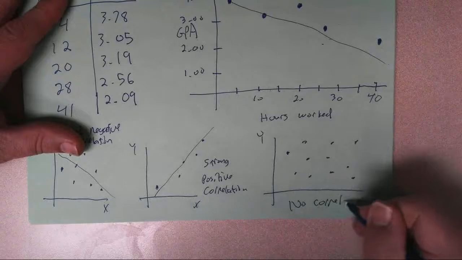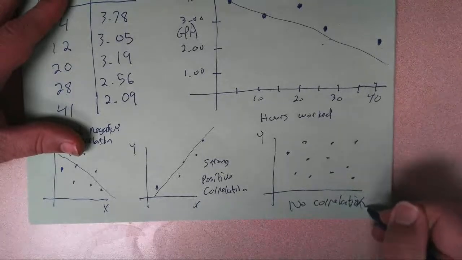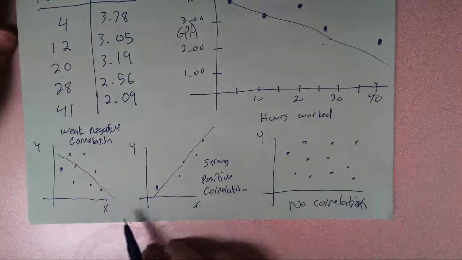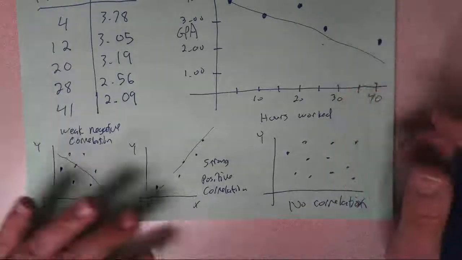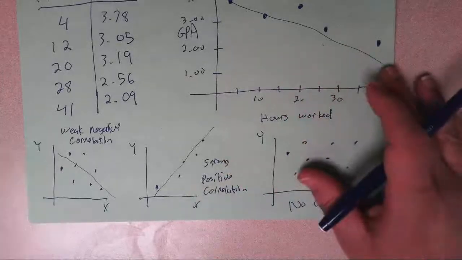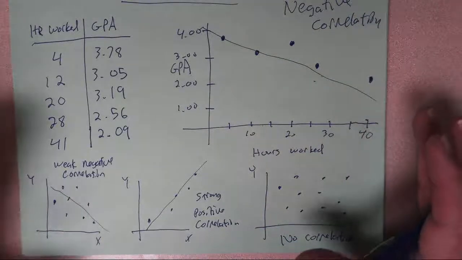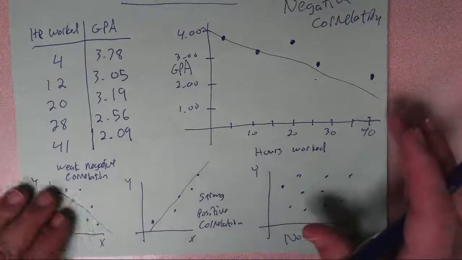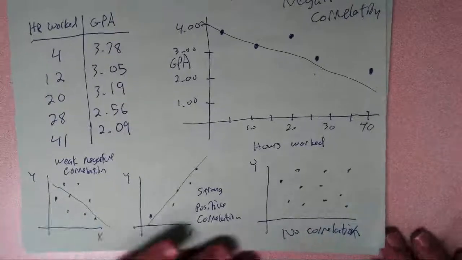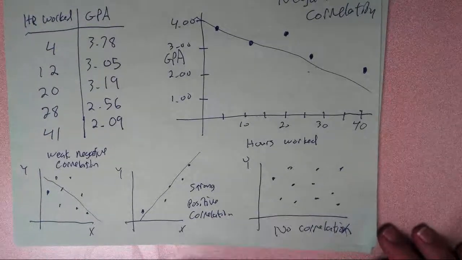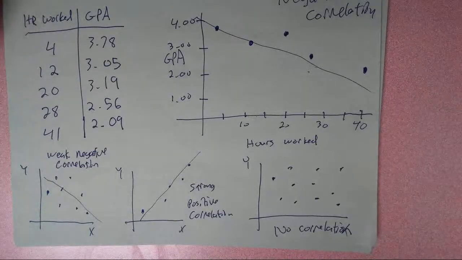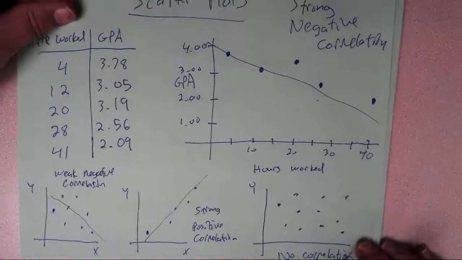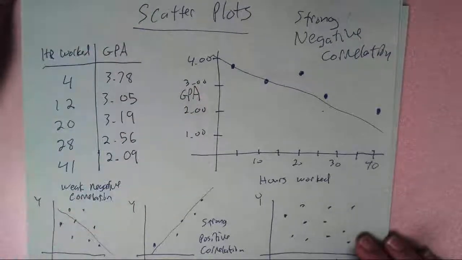It's pretty random. So you have negative correlation, positive correlation. The closer they lie on a line, the stronger the correlation. If they're scattered quite a bit, then the correlation's weaker. If they're completely scattered, so you can't even really tell if it's positive or negative, then we would say that there's no correlation between the two variables. And that is the idea behind scatter plots.